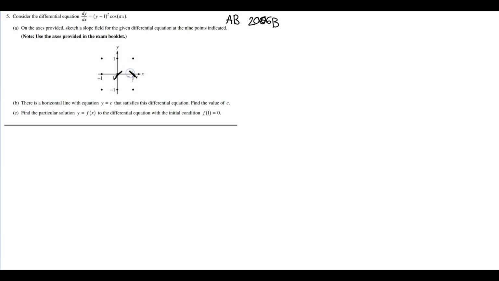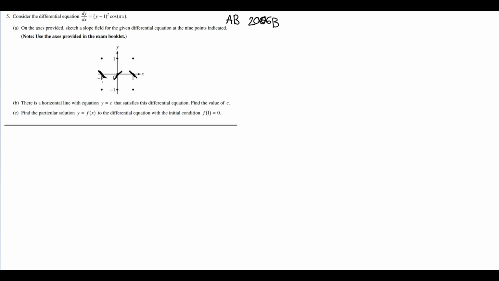At x equals negative 1, we have 1 times cosine of negative pi, which is also negative 1. Negative pi is just going clockwise on the unit circle.